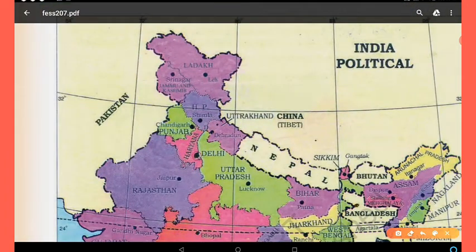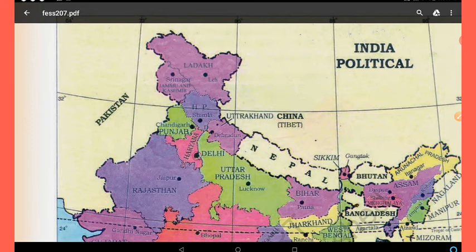And between India and Pakistan, this is the Radcliffe line, because India and Pakistan were divided through the order of the British government on behalf of the Lord Mountbatten Plan. So this was the result of the Mountbatten Plan, and the McMahon line is there between India and China.